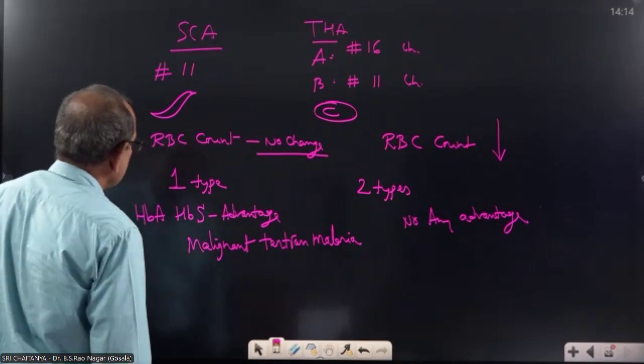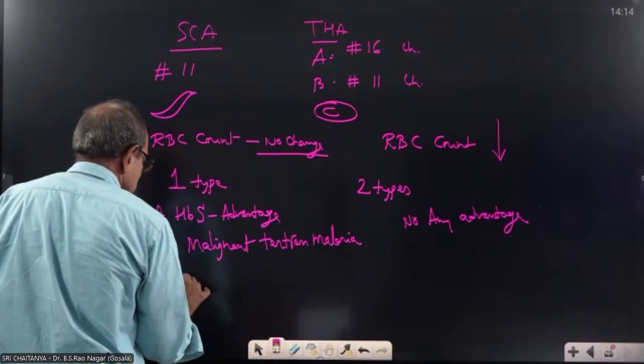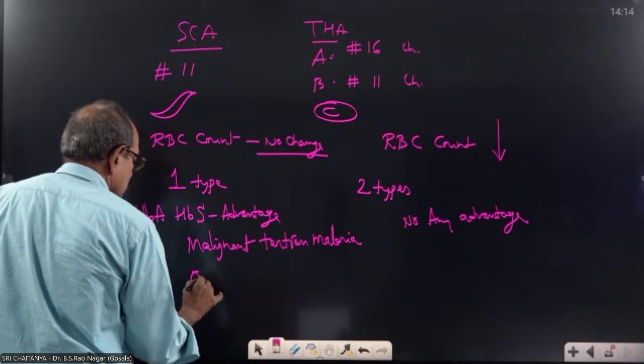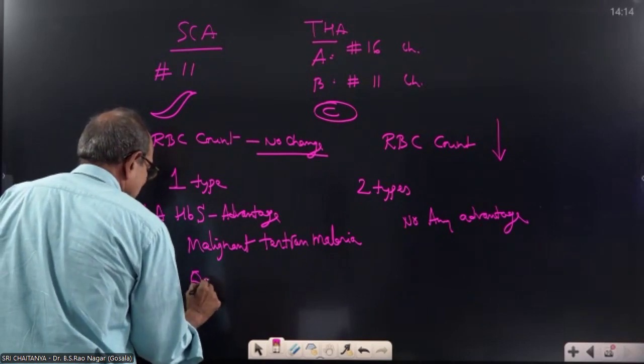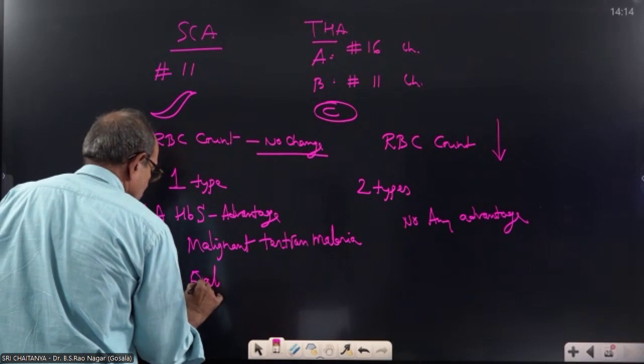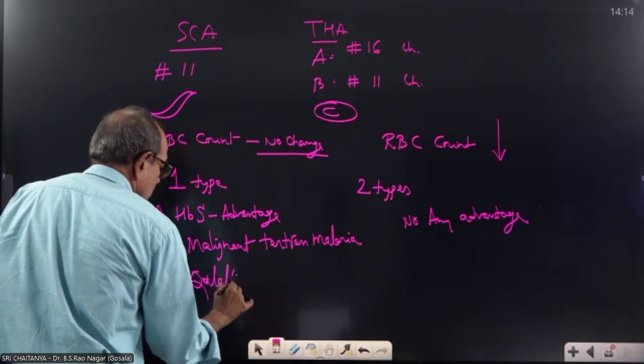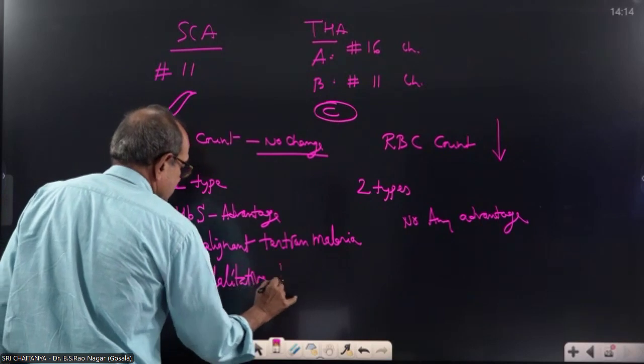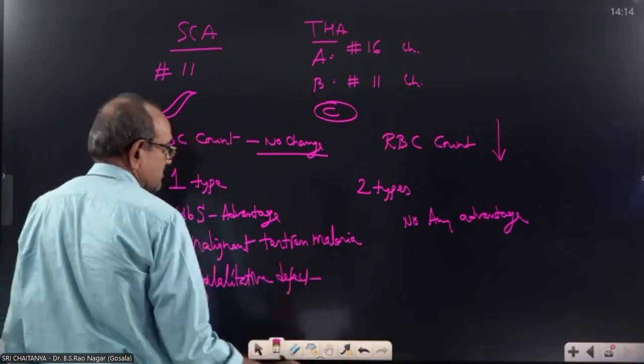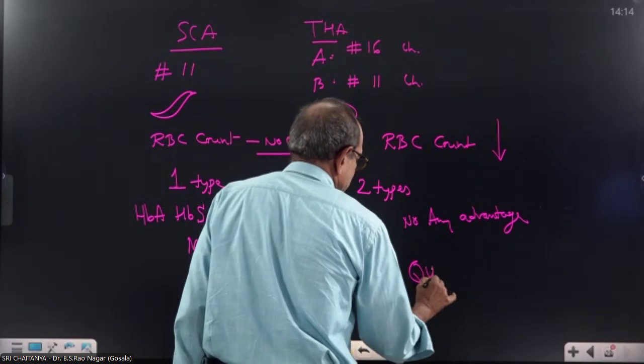In sickle cell anemia, the hemoglobin defect is qualitative, whereas in thalassemia it is a quantitative defect.